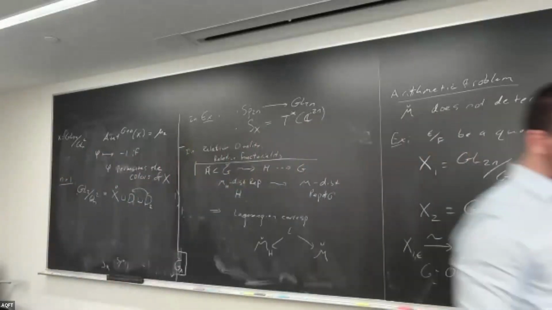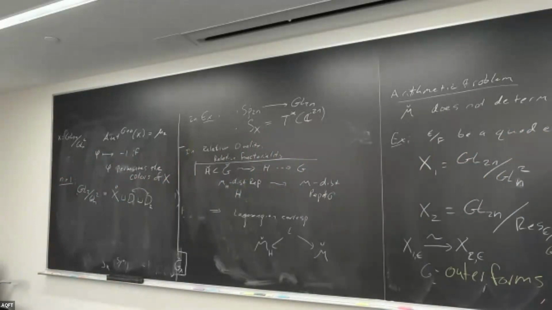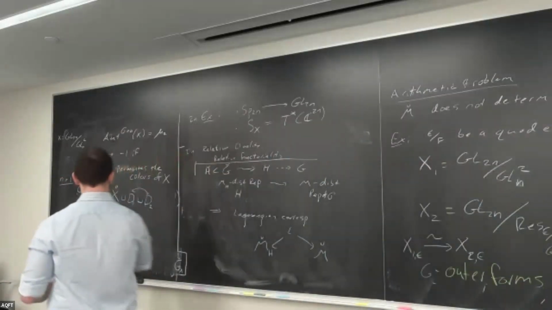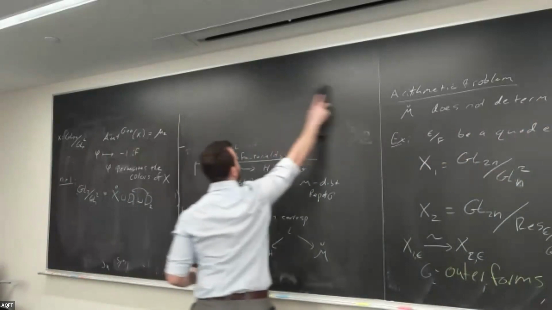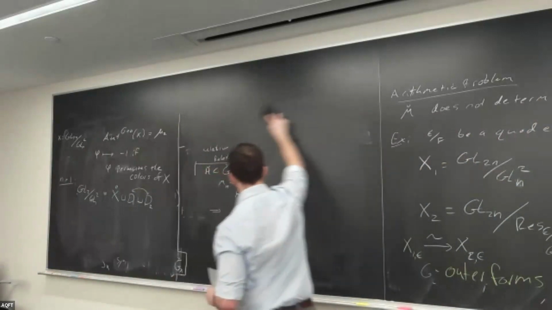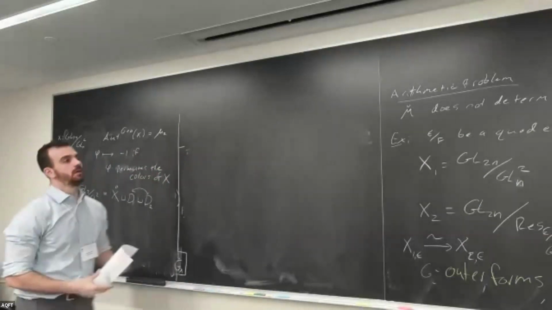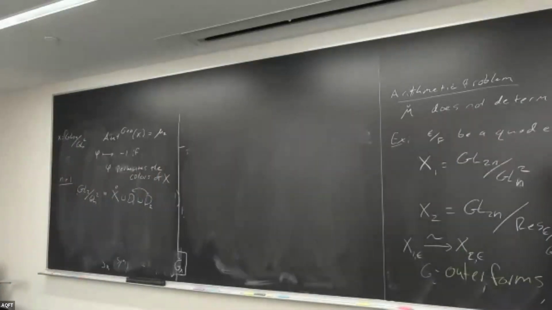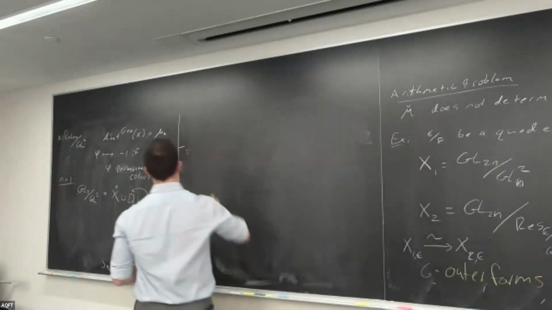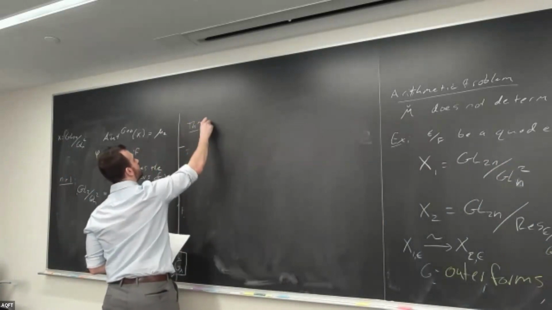Okay, so what's the point of all of this? The point is that this group is so combinatorial that there's actually somehow a canonical splitting. So we can state the following.